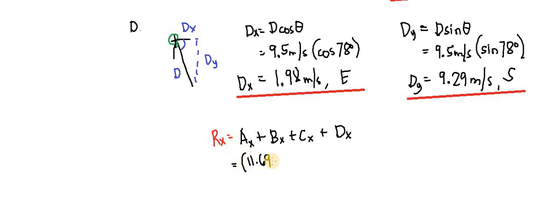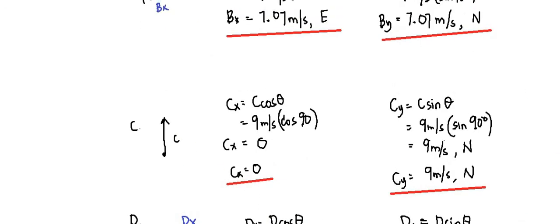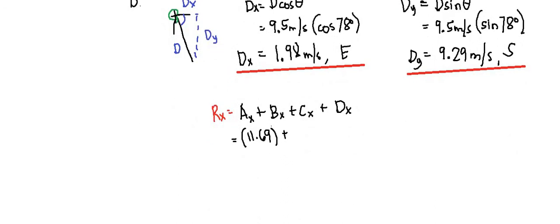11.69. Okay, later na natin ilagay yung units. Okay, and then for our letter B sub X, we have 7.07 meter per second. East pa din siya, so positive. 7.07. Okay, still positive.